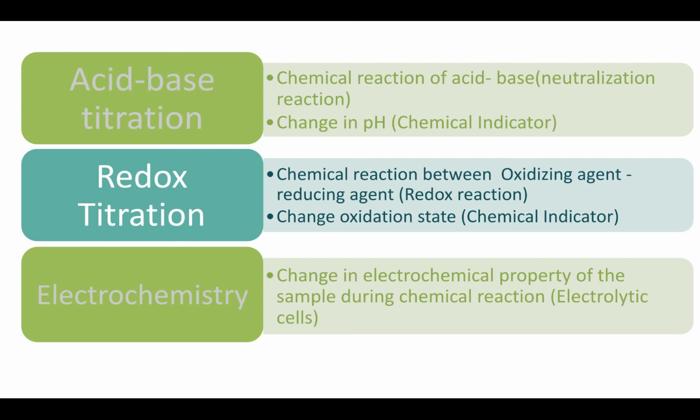In previous titrations, we have seen a chemical indicator show one color in the first phase, and after completion of the reaction, it will show a second color. Here you won't see any color change, but you will observe the electrochemical property with the help of an electrolytic cell.